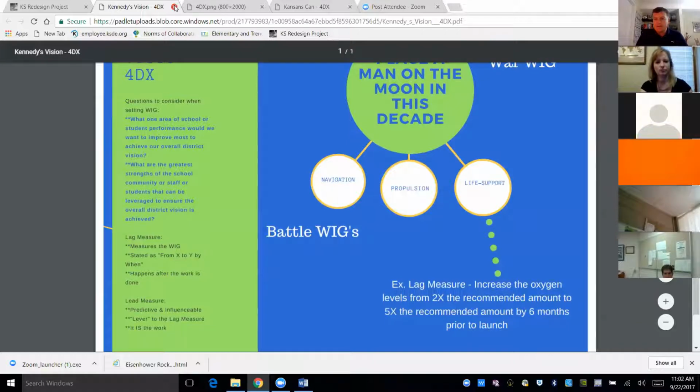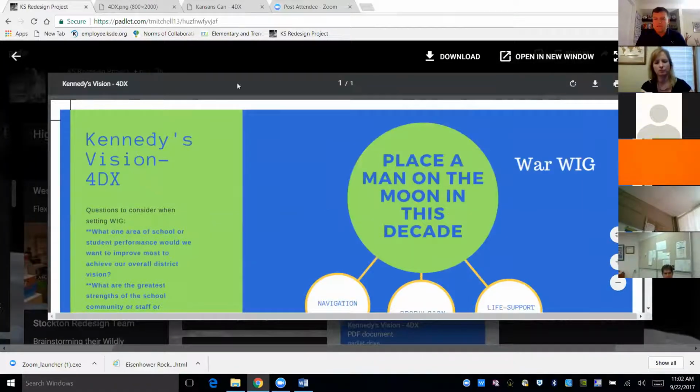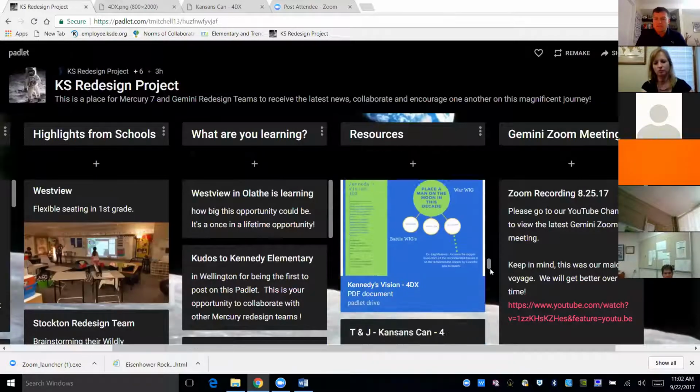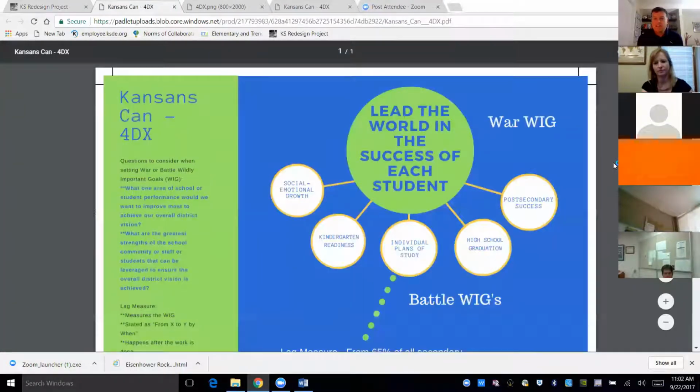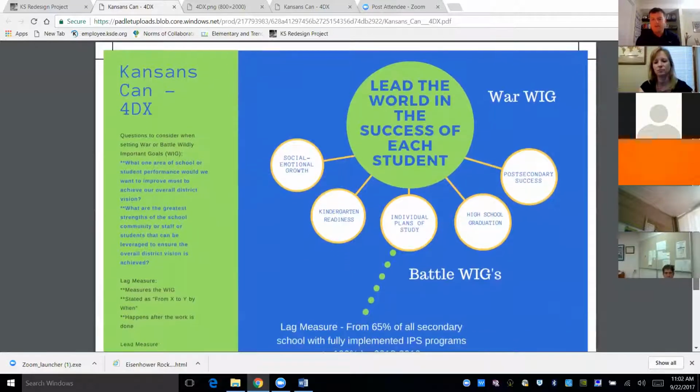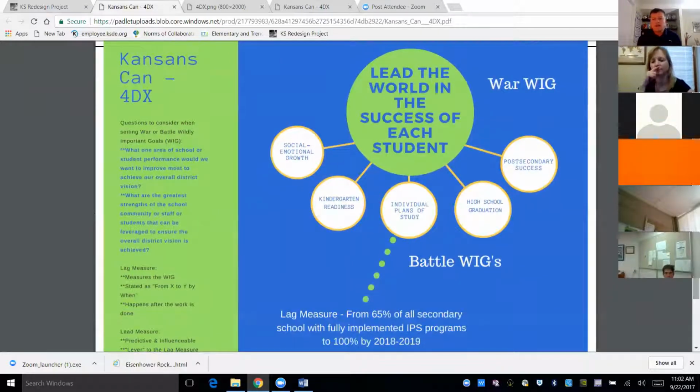So Tammy, if we could go back to our state vision, that one, yeah. In the state of Kansas, we want to lead the world in the success of each student. That's our WIG. And how we're going to do that, our battle WIGs, we have five outcomes. A lag measure for individual plans of study is from X to Y by when, and this is just made up, so this is not accurate data.